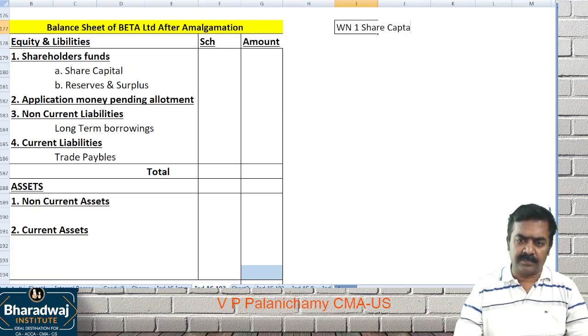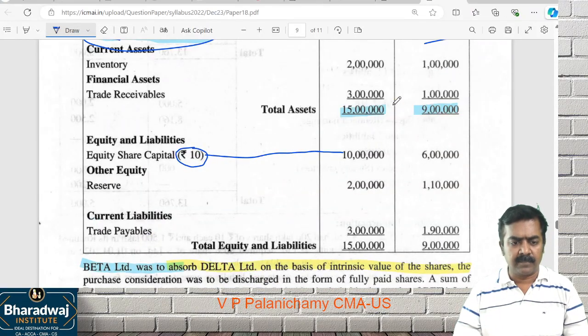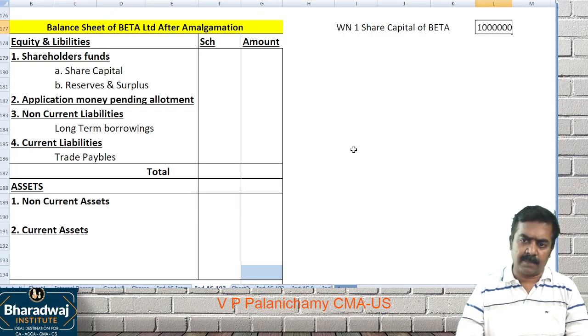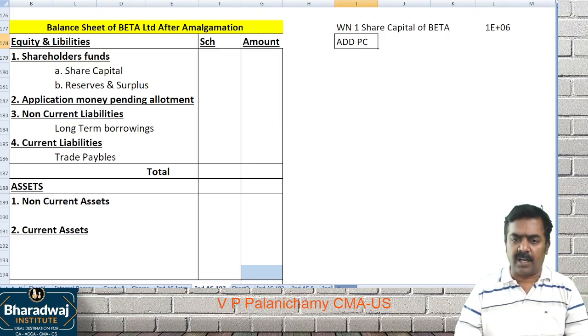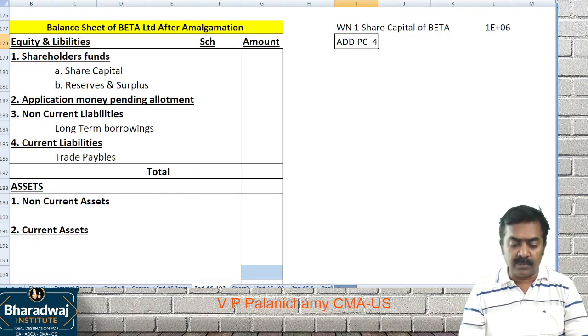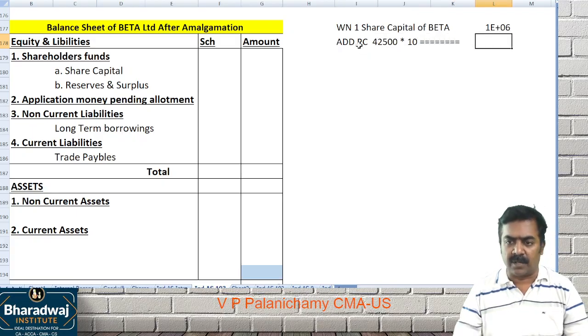Share capital of beta first. What is the share capital of beta given? 10 lakhs. Existing share capital is 10 lakhs. Add purchase consideration, how many shares we have given? 42,500 into 10 rupees. Only the face value should come here because the premium will be recorded as which one?